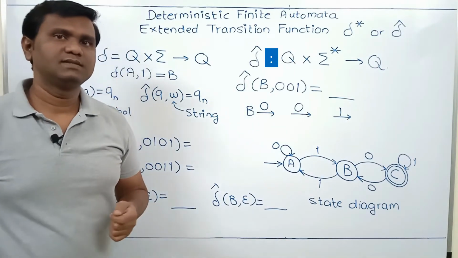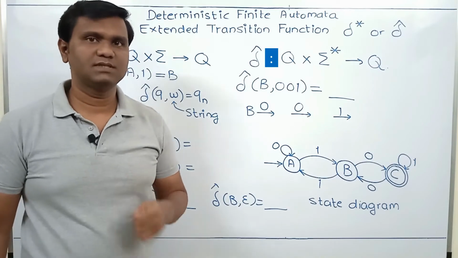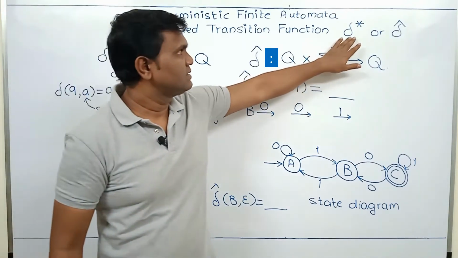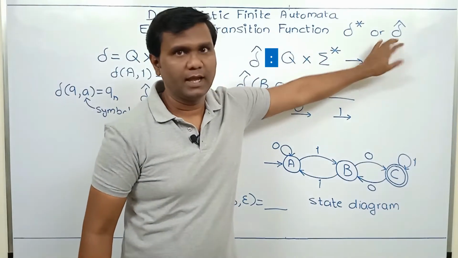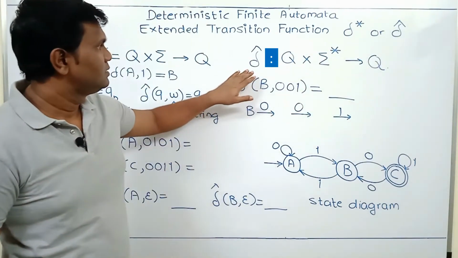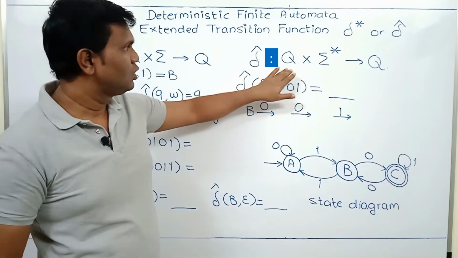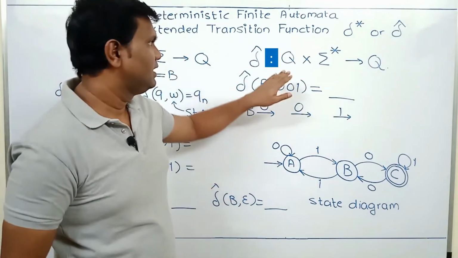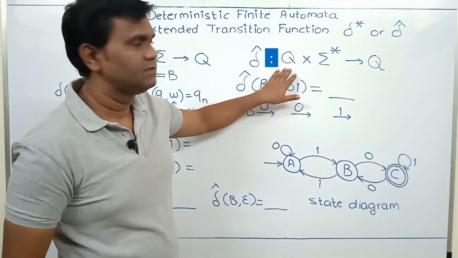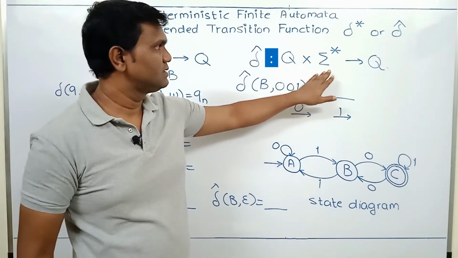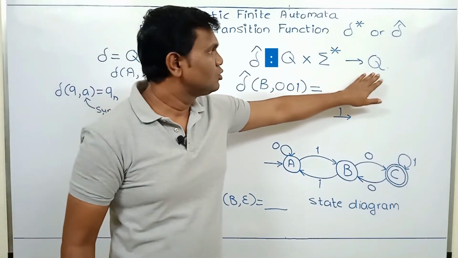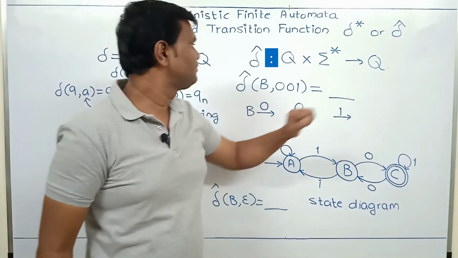In extended transition function, we process a string. Extended transition function is denoted as delta star or delta cap. So delta cap is Q cross sigma star goes to Q. DFA is in some state. From there, it processes some string w from sigma star and it goes to next state.